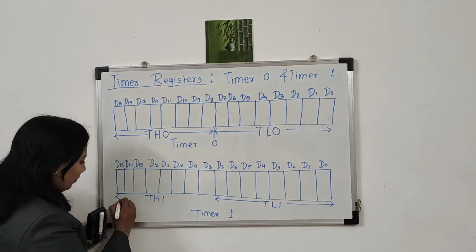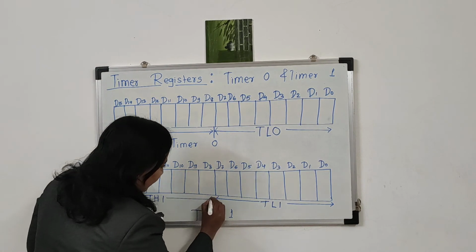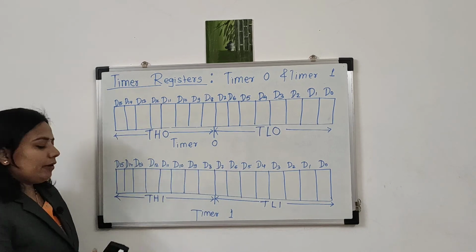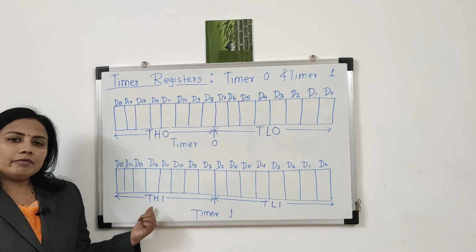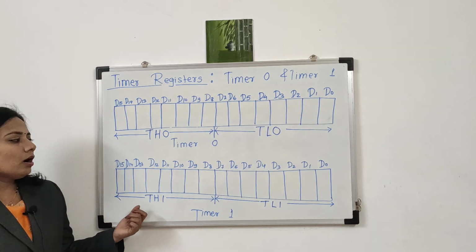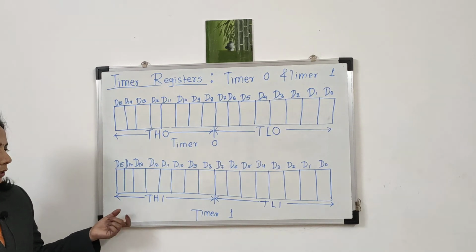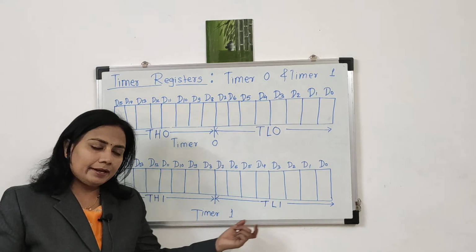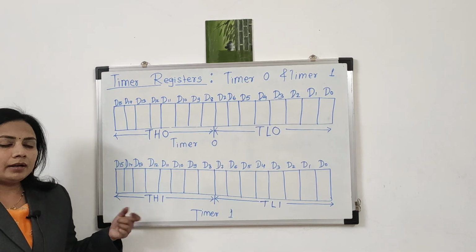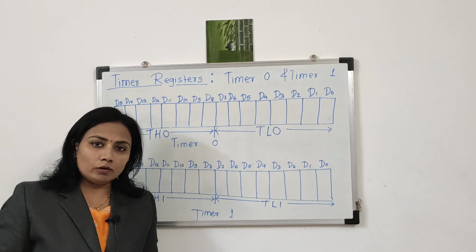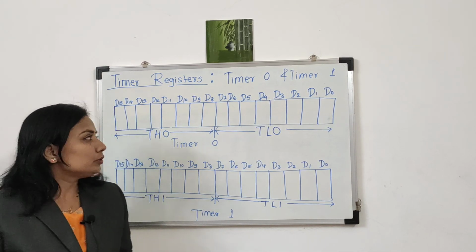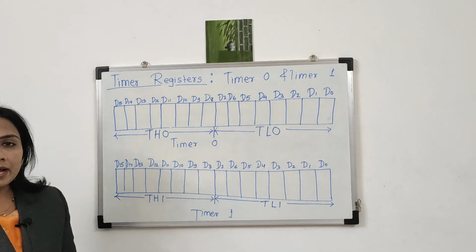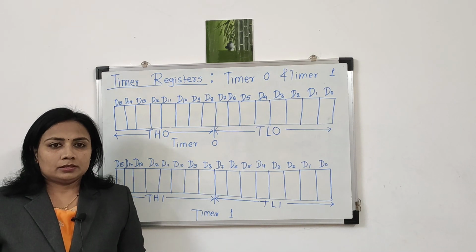So from D8 to D15 we have timer 1 high byte. So whenever we want to load any value, you can load that value into the low byte or high byte, depending upon the mode of timer selection. So this is about the timer register.